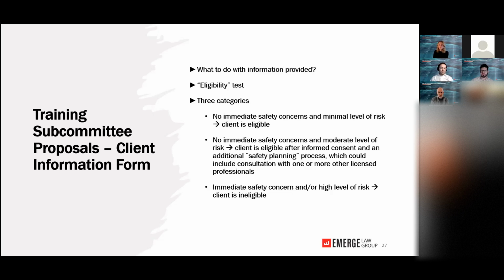So the facilitator would make a determination that the client was, here were the categories set forth: no safety concerns and a minimal level of risk. Green light, client's ready to go. No safety concerns and a moderate level of risk.